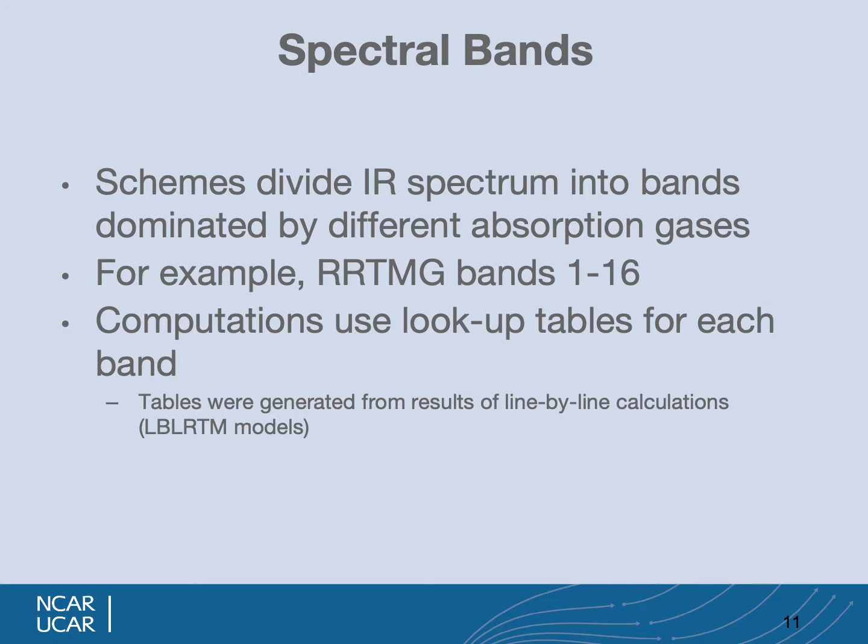So the schemes divide the spectrum into bands. Typically for RTMG there are 16 bands. The computations in these bands use lookup tables that are generated by more accurate line-by-line radiation models.